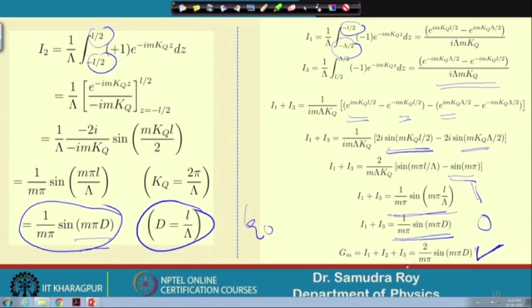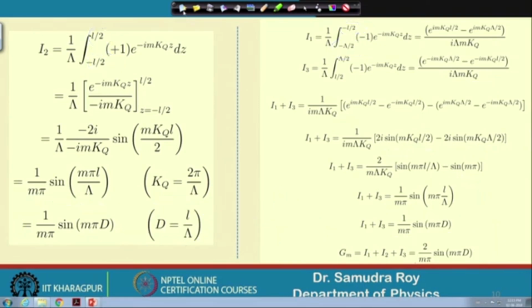In a similar way we can find my G1, G2, G3 and so on, and this kind of value we are going to use in the next class. So, the important thing is you need to make sure that you know the value of G when the function of d is periodically changing.